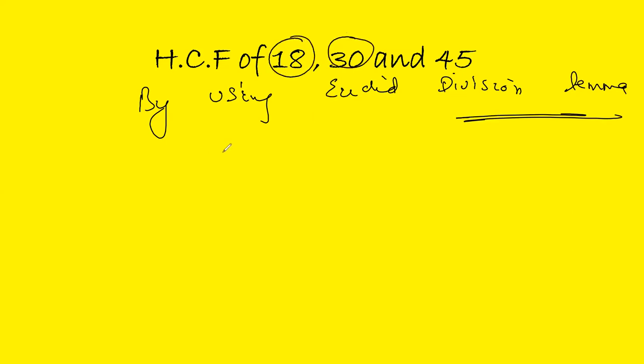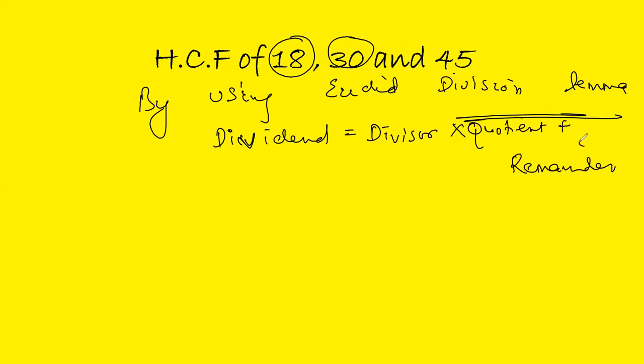And what does Euclid's division lemma say? It says that dividend is equal to divisor into quotient plus remainder.